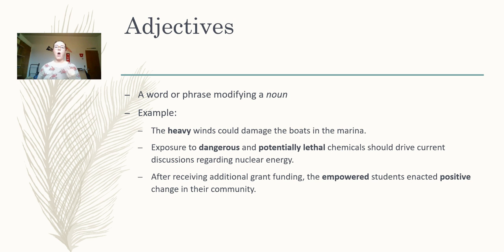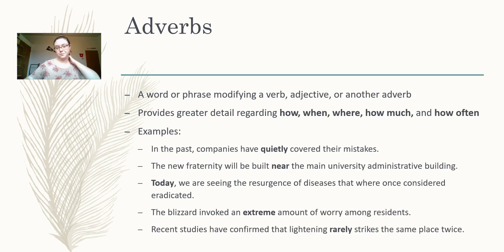So we've seen how adjectives, or words or phrases that modify nouns, can change meaning and shape how a reader understands the various nouns that you use in your writing. Let's look now at adverbs. So adverbs are a word or phrase modifying a verb, adjective, or another adverb.